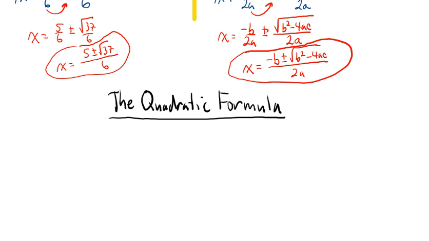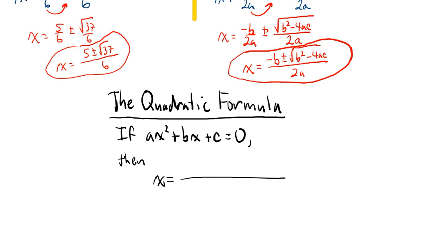And it says, if ax squared plus bx plus c equals 0, then you can always solve it. X will always equal negative b plus or minus the square root of b squared minus 4ac all over 2a.